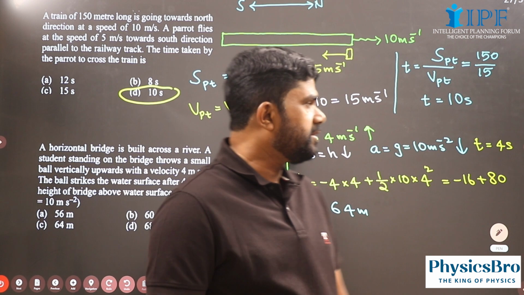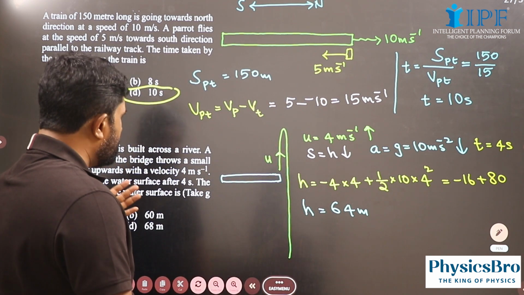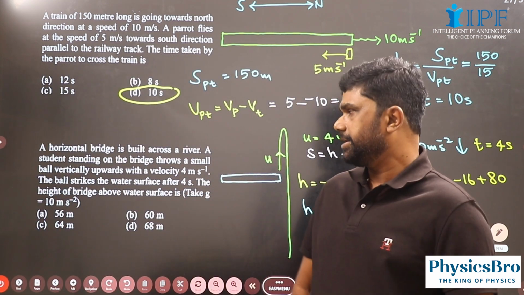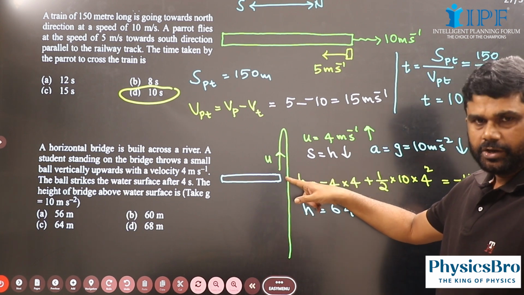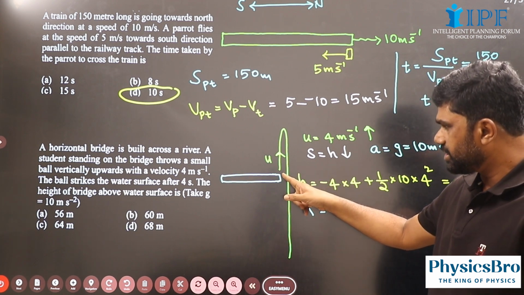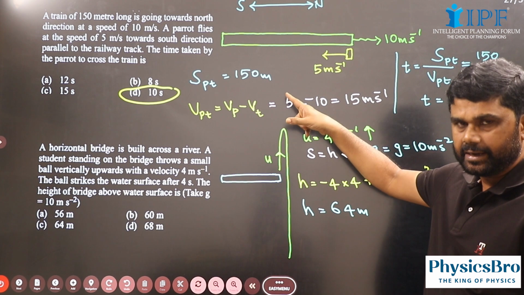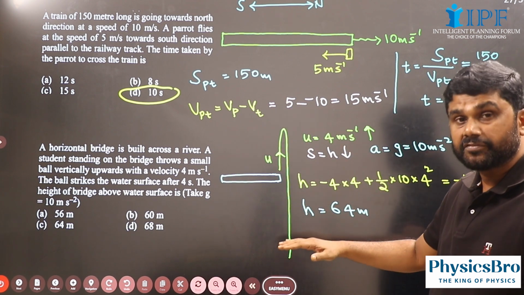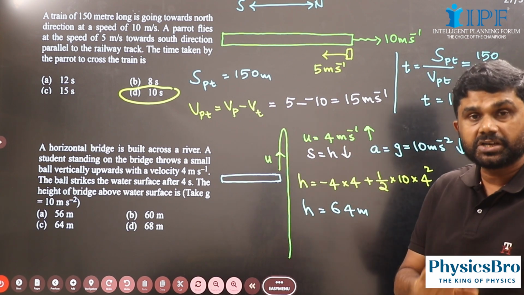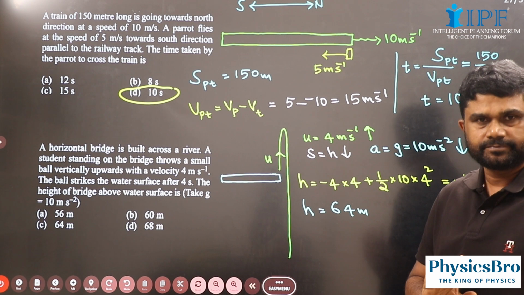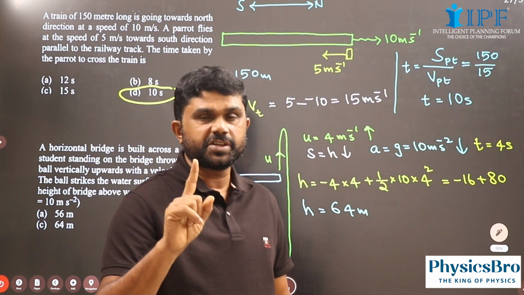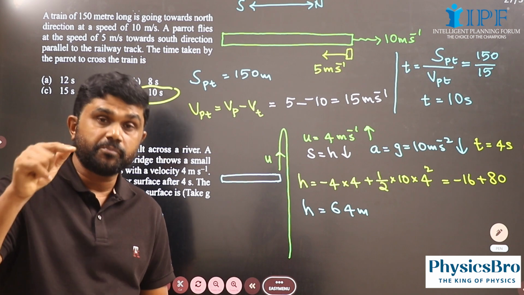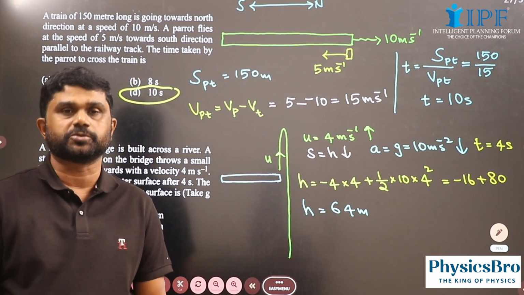Okay. And here we have another wonderful previous year question. A horizontal bridge is there, a body is thrown from the bridge with an initial velocity 4 meter per second vertically up, and it strikes water after 4 seconds. Then what is the height of the bridge? Displacement is irrespective of the path followed, it is always from the initial to the final position.